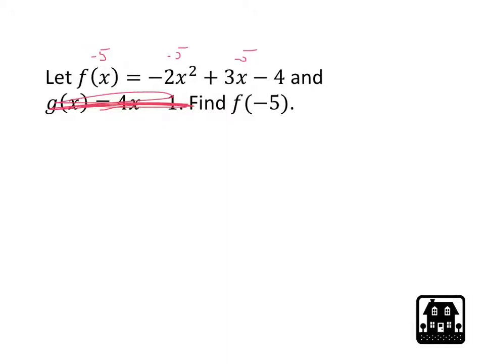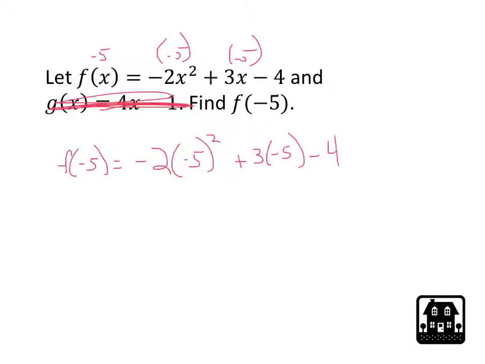Let's rewrite it. f of negative 5 equals negative 2, and then use parentheses around it to be careful, negative 5, because x is negative 5, squared, plus 3 times negative 5 minus 4.